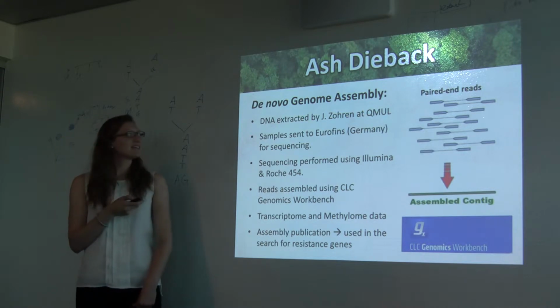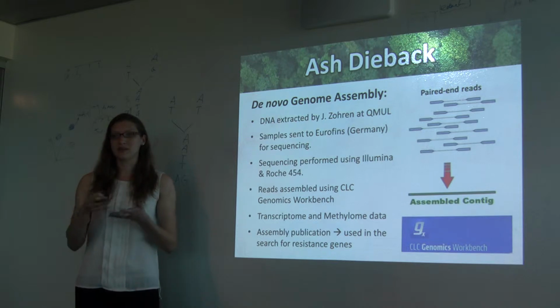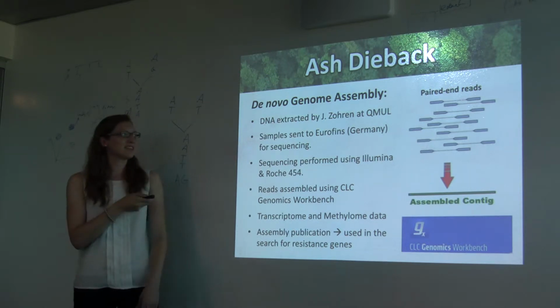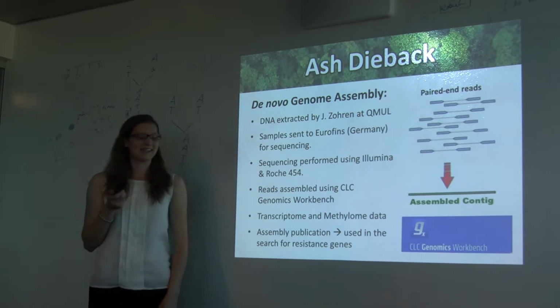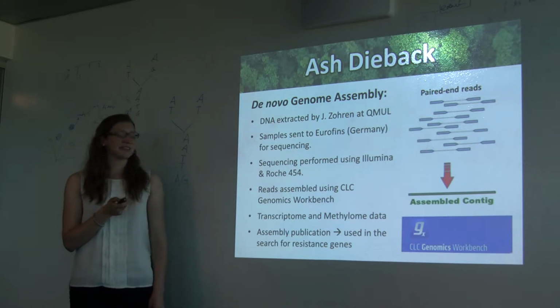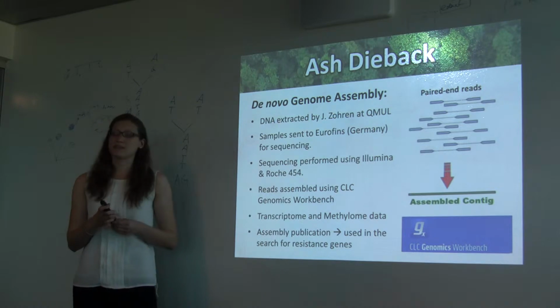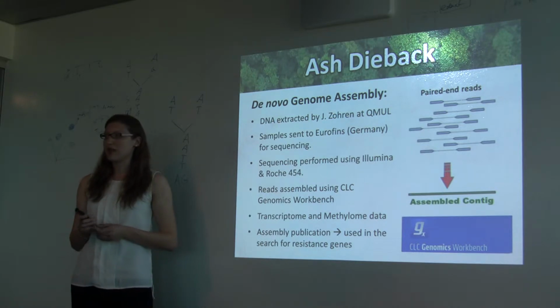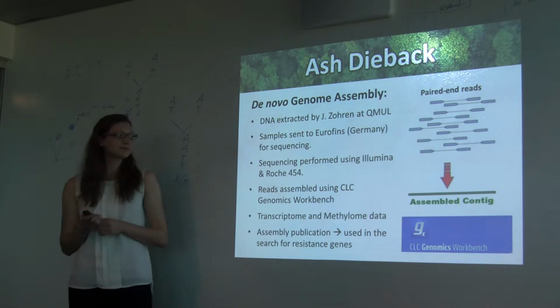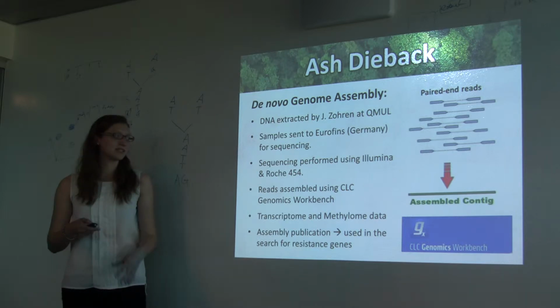And Yasmin has extracted DNA from a selfed tree, so like a parent that was mated with itself. We sent the samples off to Germany for Eurofins sequencing, and that was using Illumina and Roche 454 technology. So we have a hybrid, two types of data.